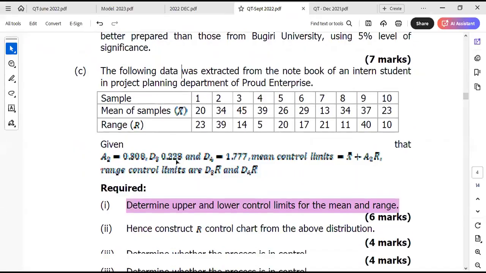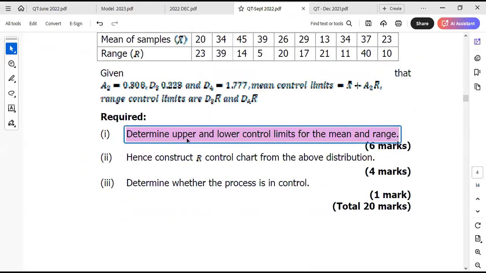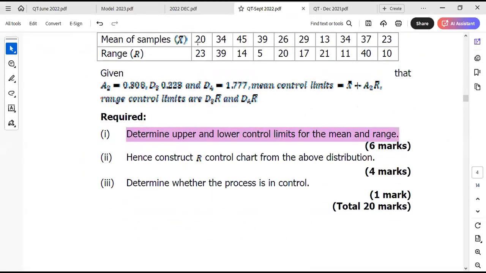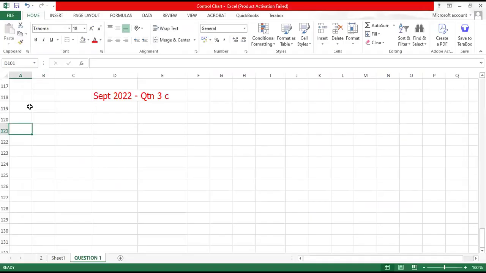So we are told in part A, we determine the upper and lower control limit. So to answer part A, Roman 1, I will need the mean of means first.